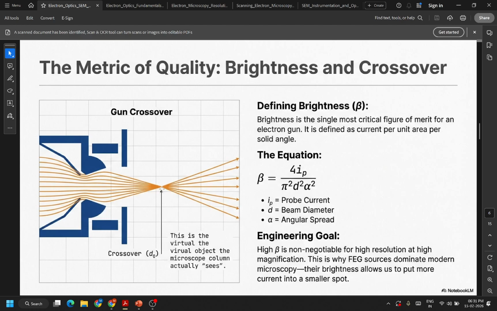So d is your crossover diameter, where electrons cross over after coming out of the source, and alpha is your angular spread of the beam. So the goal is to have high beta, to have higher resolution at higher magnification.